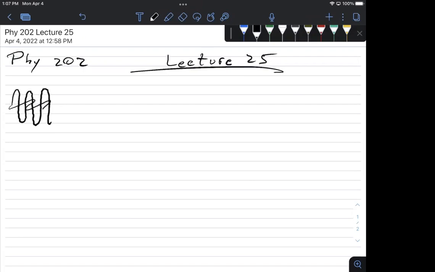So they're perpendicular to each other. And not only that, but if the wave is moving left to right, then those two waves are also perpendicular to the direction of motion. This is what's called a transverse wave.